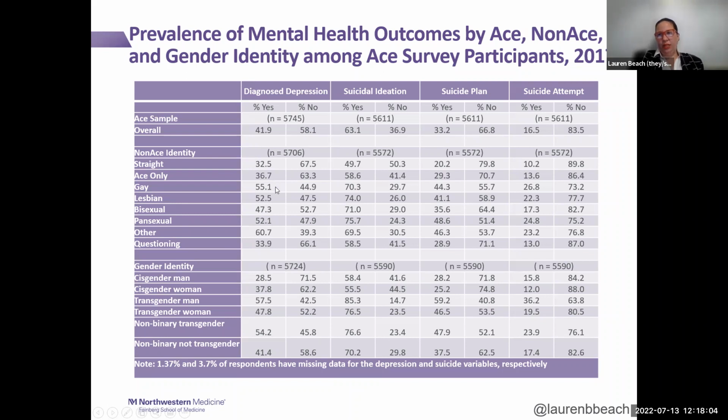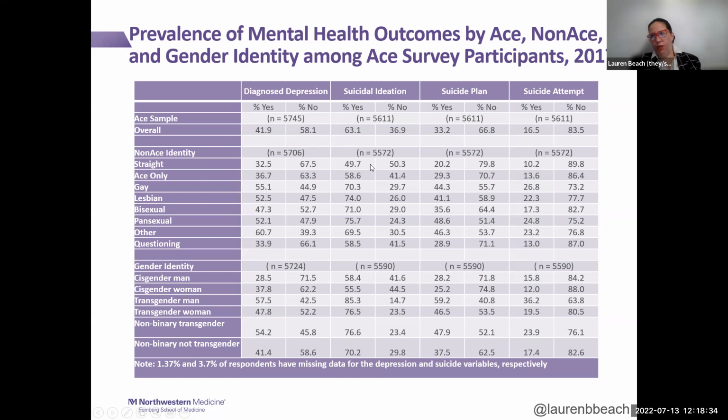And what you see is that ace-only people have a higher level of reported depression than people who are ace and straight, and that people who are ace and gay, lesbian, bi, pan, or use another label actually have higher levels of depression than people who are ace only. People who are questioning are pretty much in between people who are ace and straight and ace only.